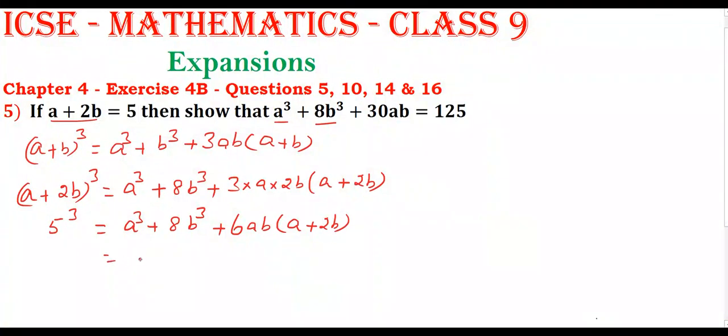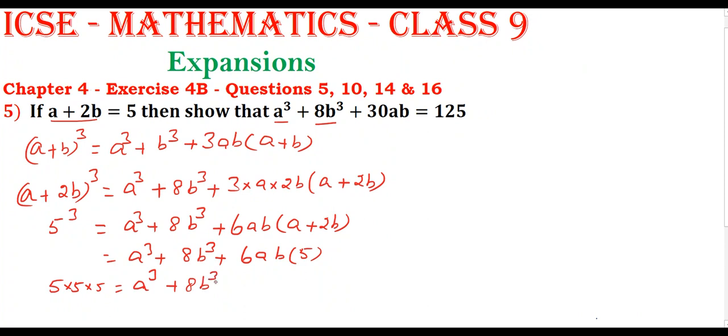So now a cube plus 8b cube plus 6ab into a plus 2b, which is 5. So now 5 cube. So 5 into 5 into 5 equals a cube plus 8b cube plus 6 into 5, it's 30ab.